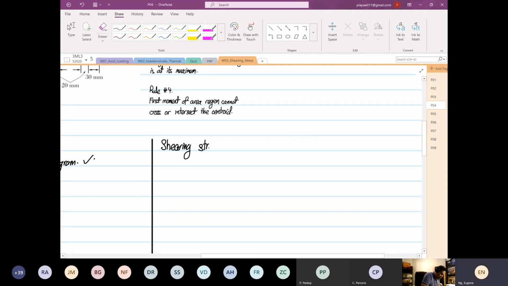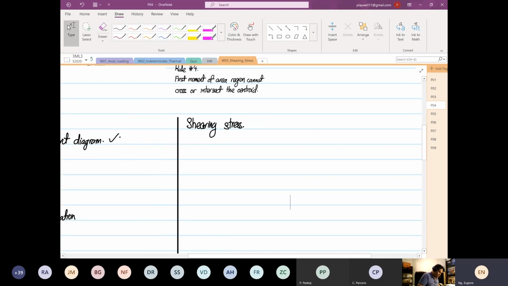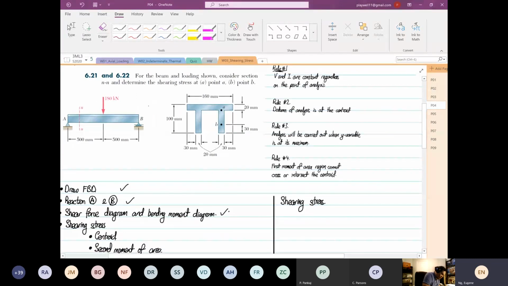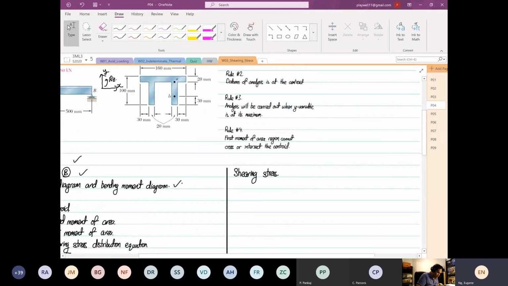If I draw down here, this is my X, my Y, and this is my rotation axis Z. So what we want to find down here is the shear stress acting on the X plane, Y direction.